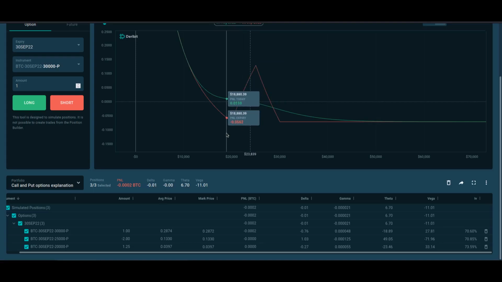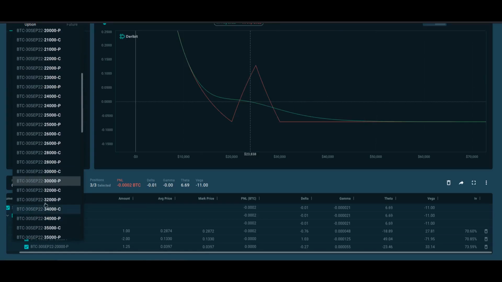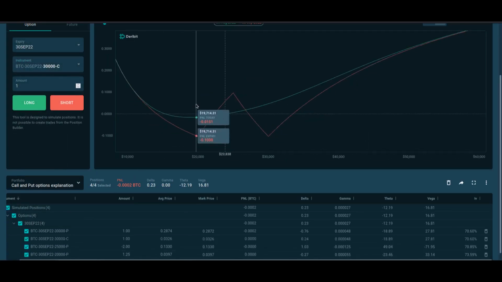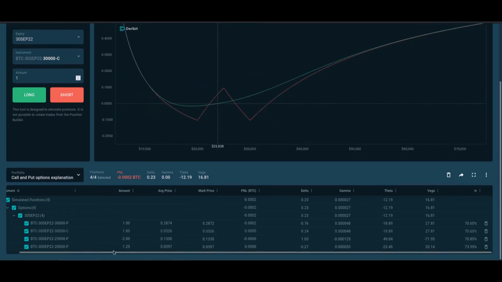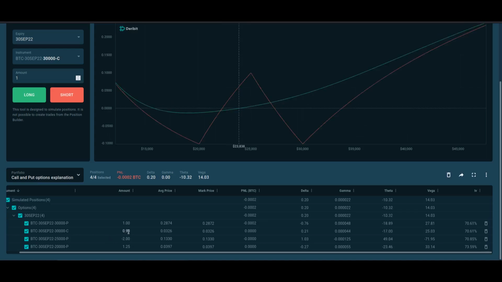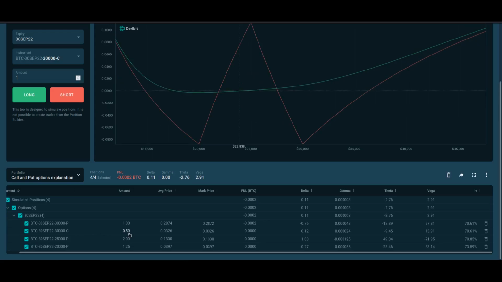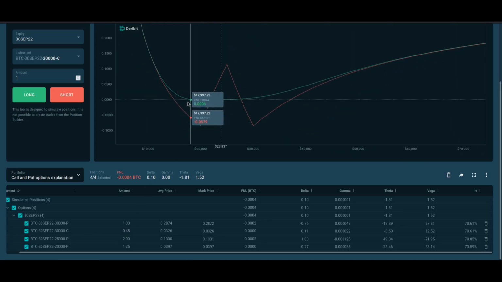Okay, basically we can also buy some call here, and we will get some huge construction, like this. Okay, here is an example.